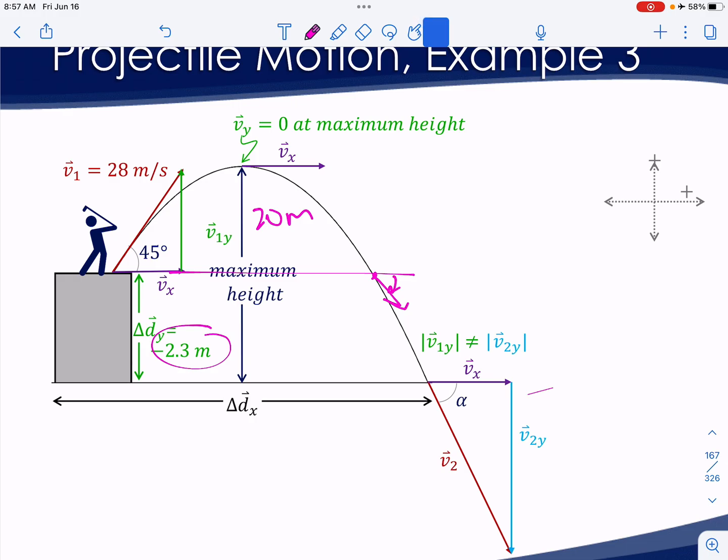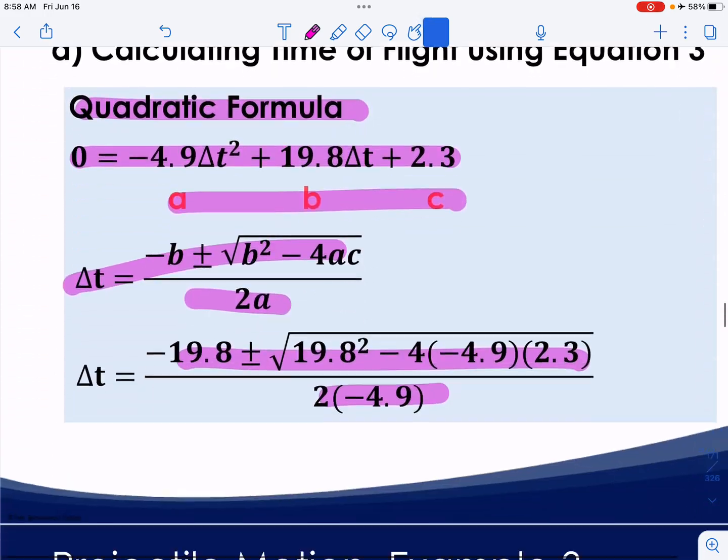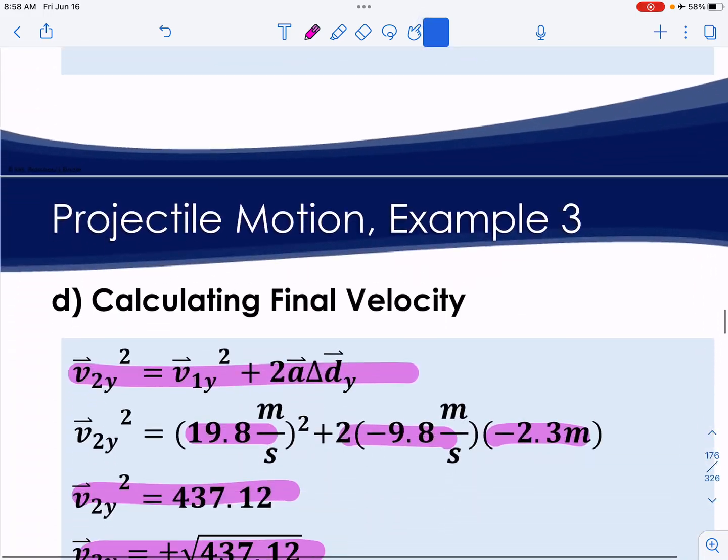But it had a little bit further to go, only 2.3 meters further, and in that time the vertical component of the velocity is getting larger. So it's going to be dropping down a little bit more relative to the sideways, which means the overall angle is going to be a little bit steeper, which is 46.5. So that makes some sense. It's always good to look back and make sure that your answers seem to make sense in context.